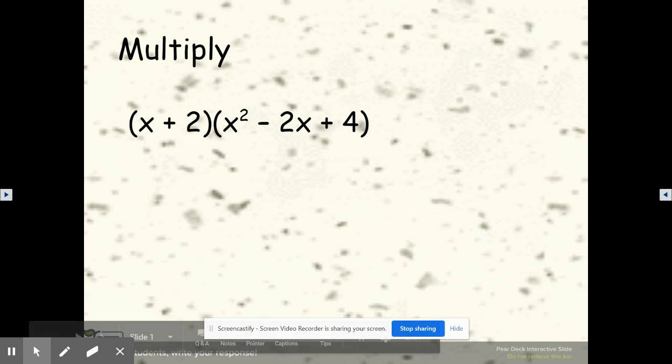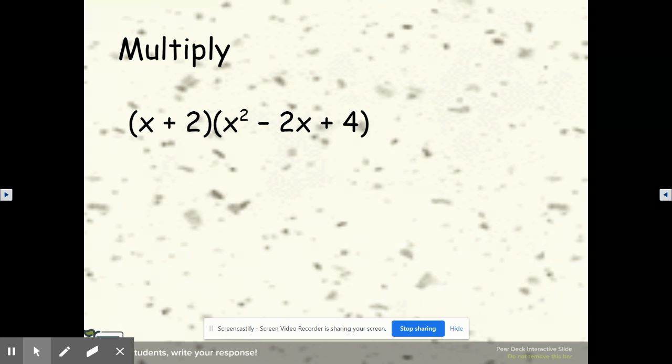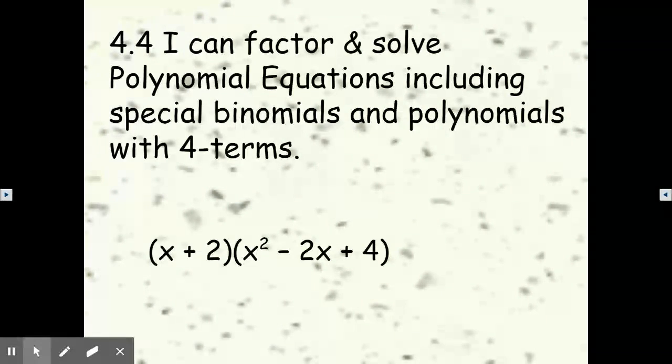But to give notes for section 4.4, where we're going to learn all about some different types of factoring that we haven't had before. So to start this off, before we start the actual notes, pause the video and multiply this out. Hopefully you multiplied it out and got x cubed plus 8.